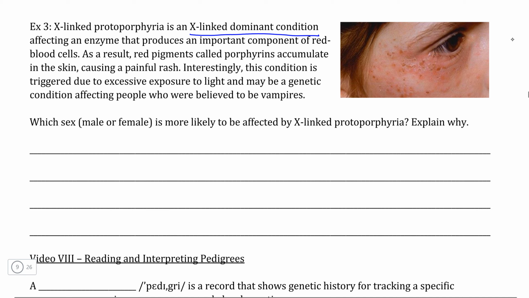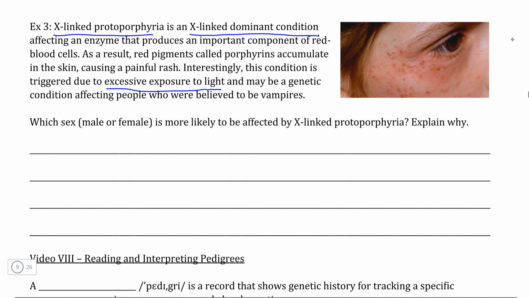This condition is what we call X-linked protoporphyria, try saying that 10 times fast, which results in the pigments in red blood cells becoming extremely vulnerable to rashes, especially when exposed to light.